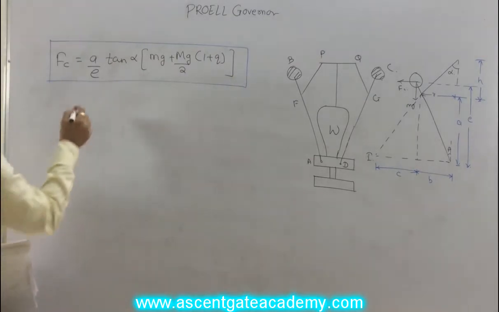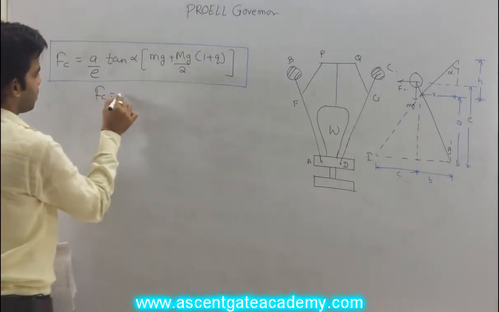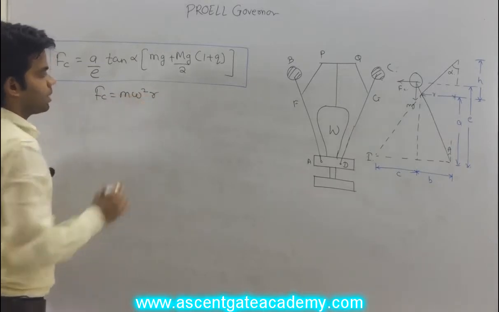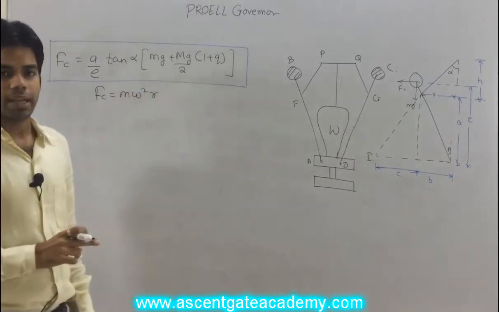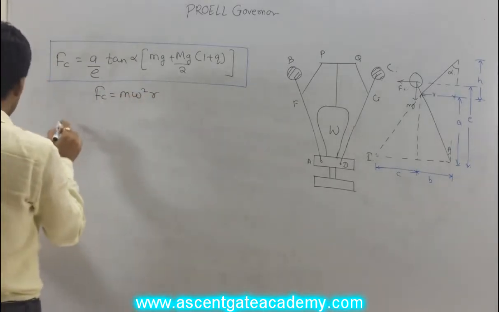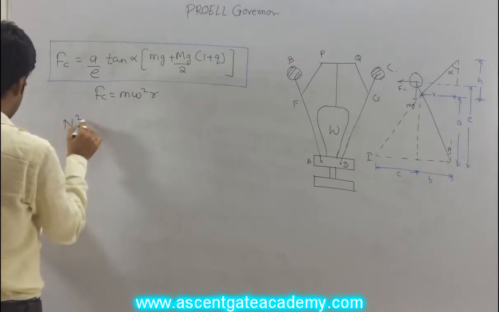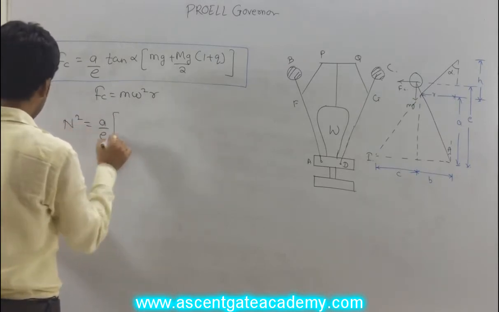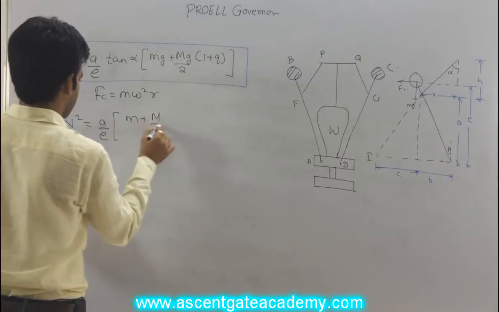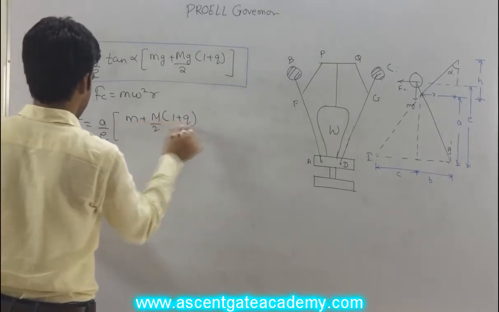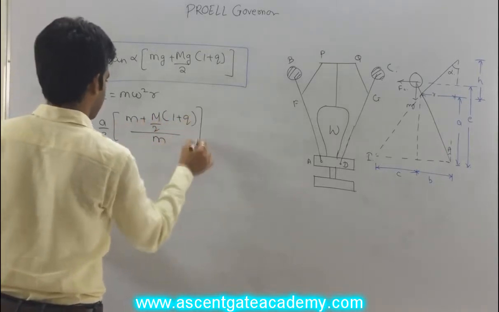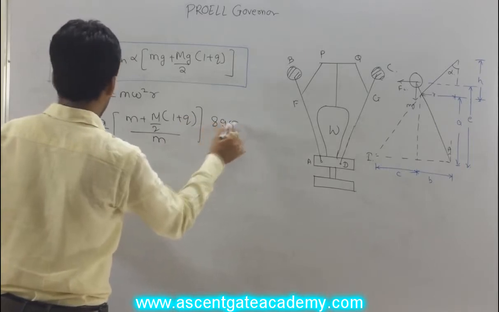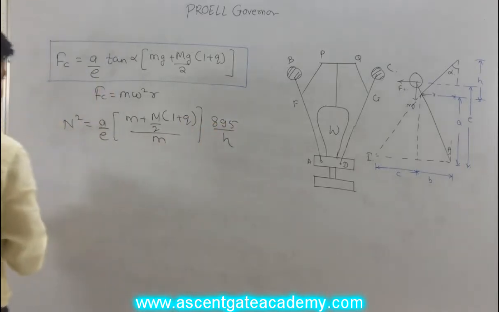Again this Fc can be written as m omega square r, and this omega can be written as 2 pi n by 60. So from here we will get the value of n square, and this n square will be equal to a by e m plus capital M by 2 into 1 plus Q upon small m into 895 by h.